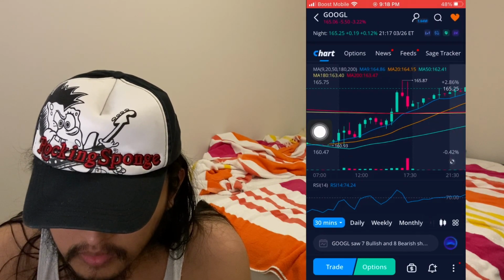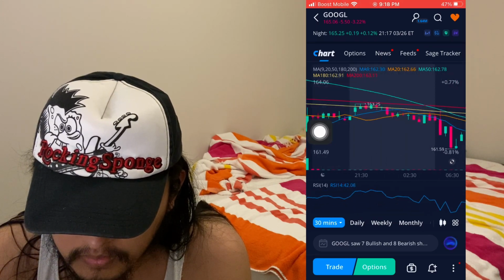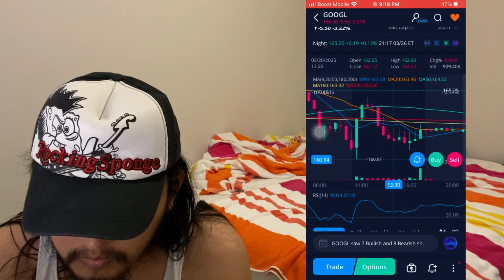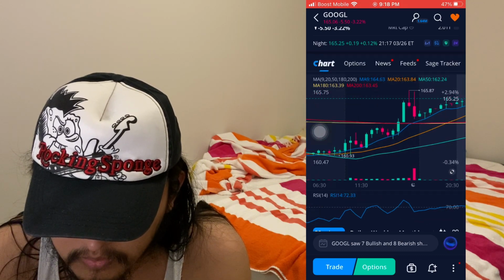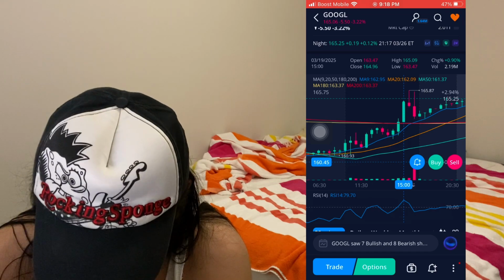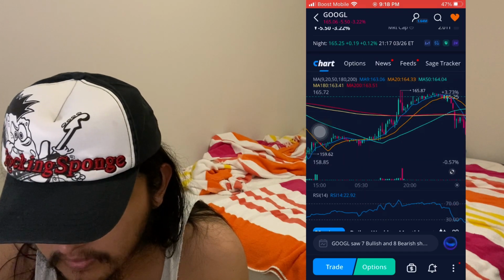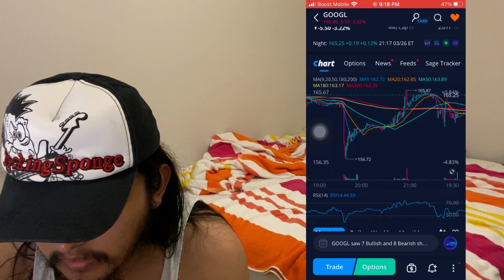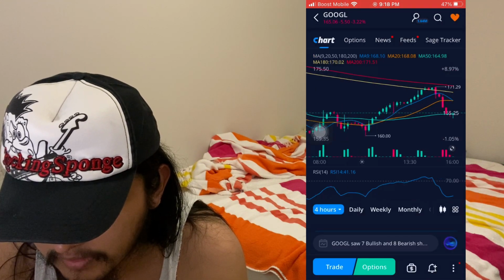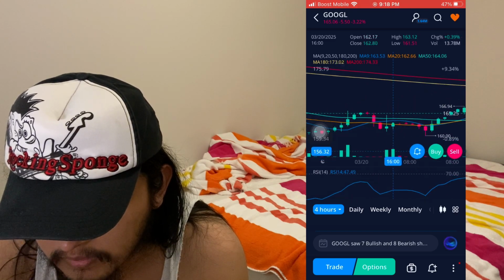Okay, so 1449, I bought put options. Okay, so this candle right here. Why did I buy put options here? I think I used the 4-hour time chart, if I'm not mistaken. But let's see, 3/19.